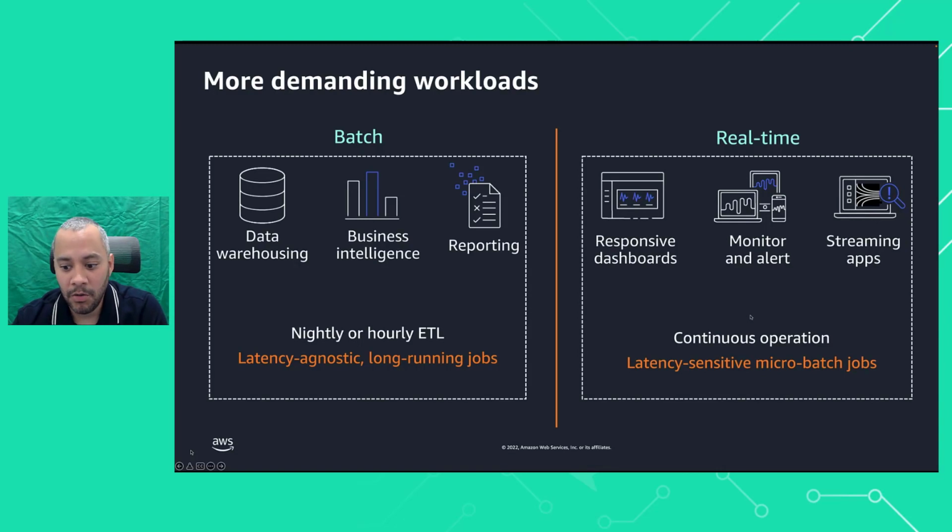It requires continuous operation because you need to have your jobs running 24/7 in order to process your data. They are low latency, of course, and they run in micro batches. So you can have a real-time job running every 30 seconds, 60 seconds, 2 minutes. It depends on the latency that you can support.